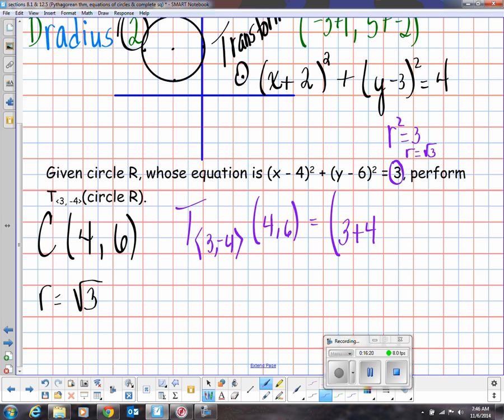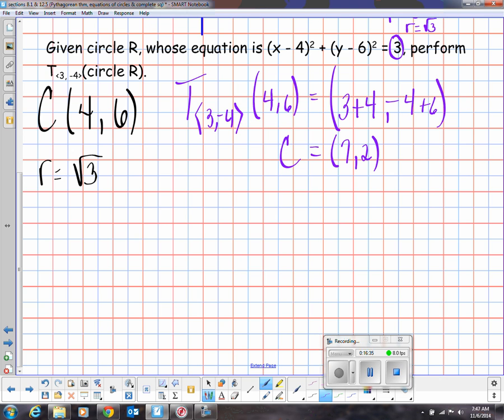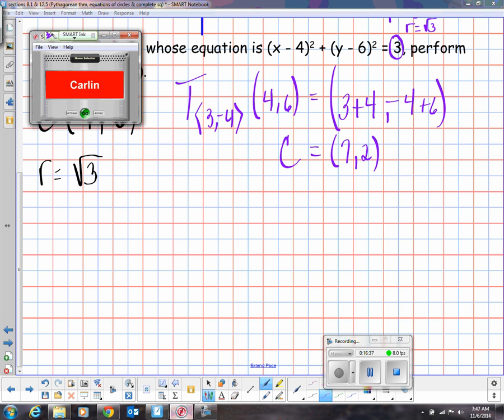Plus, and, that's a negative. You might not be able to see it. Negative 4 plus 6. So what is my new center? 7, 2. All right. So now let's go and write the equation of this circle.